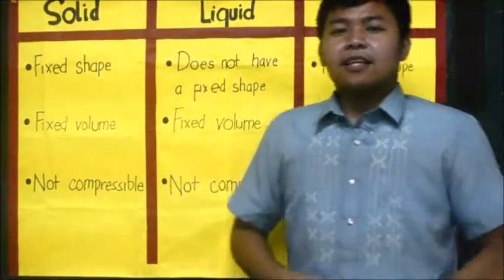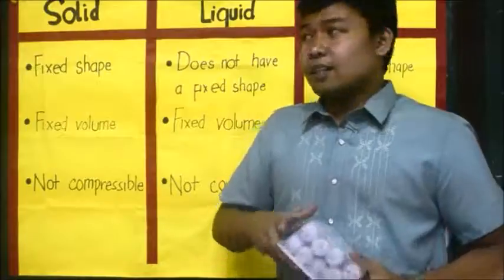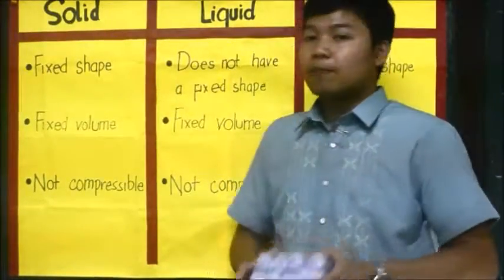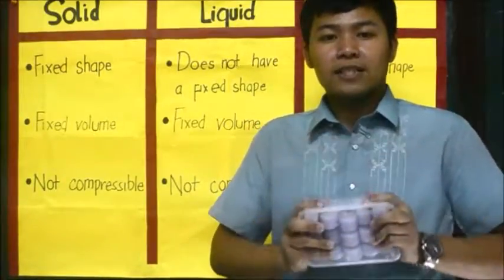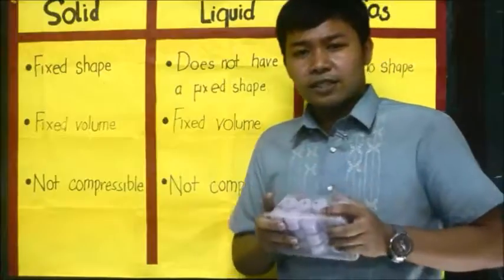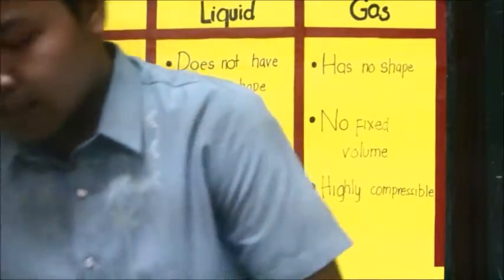Now secondly, in liquid, particles are packed closely together. In solid, the particles are packed tightly, but in liquid, the particles are packed closely together. The particles are farther apart than in the solid.